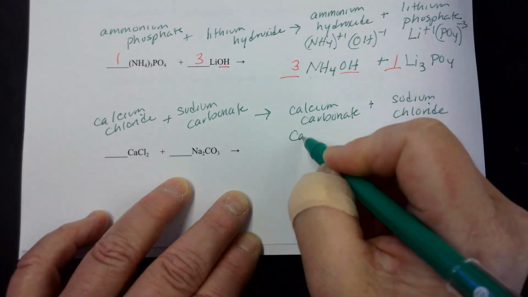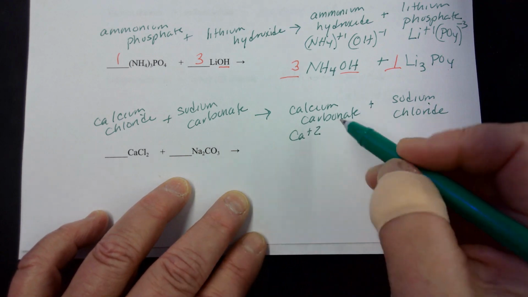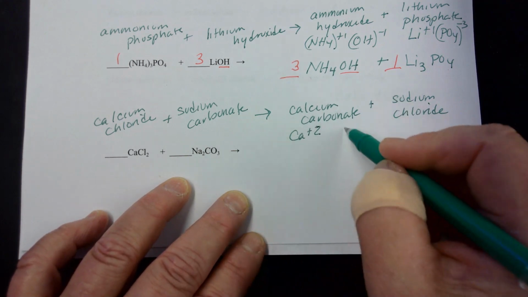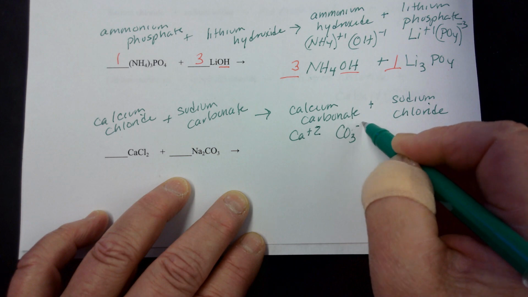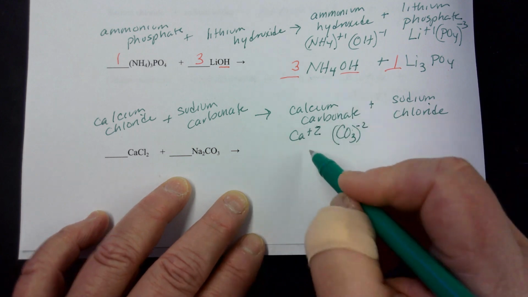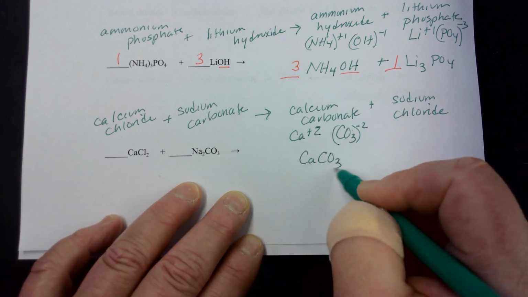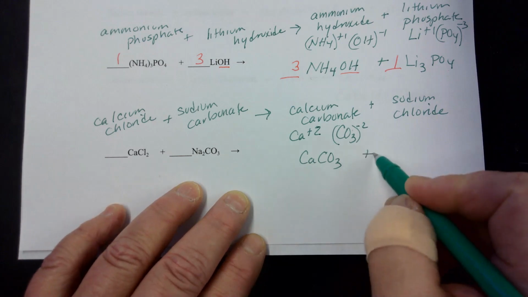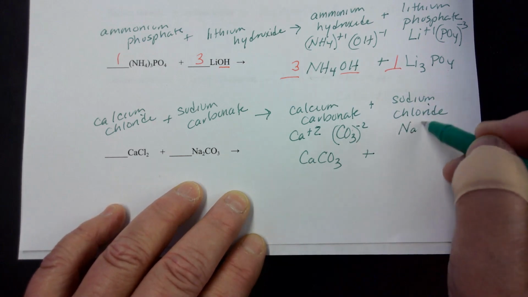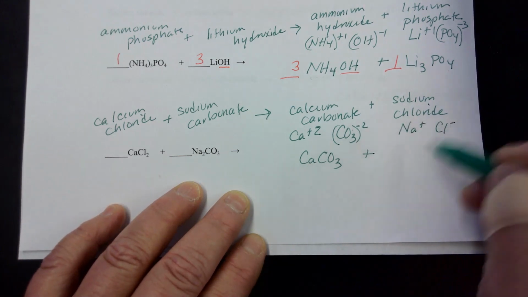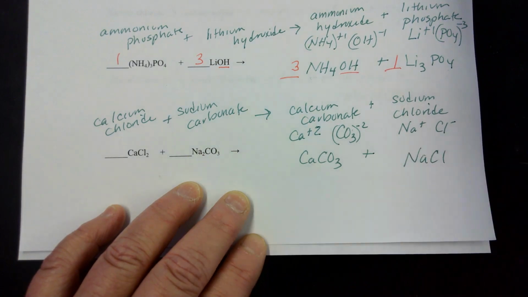To find those formulas, calcium is Ca plus 2, carbonate is CO3 minus 2. This formula is CaCO3. Sodium chloride, Na plus 1, Cl minus 1, that's just NaCl.